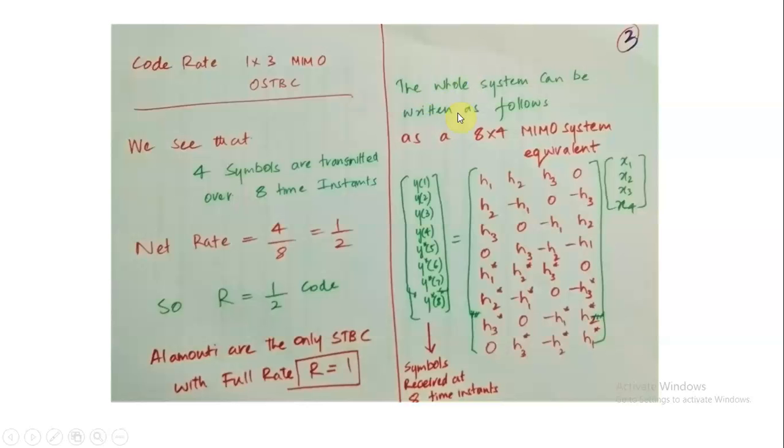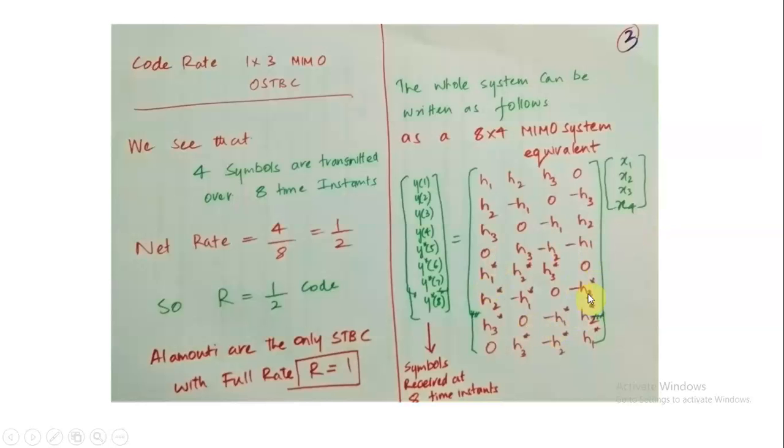The whole system can be written as follows. We have a vector y of received symbols, because we are receiving at 8 time instants, and we have the channel matrix, which is an 8 cross 4 channel matrix, and then we have a symbol vector x1, x2, x3 and x4, which is combinedly called the x vector.